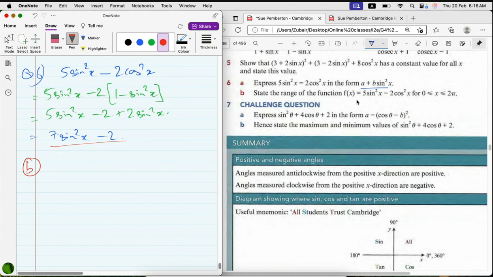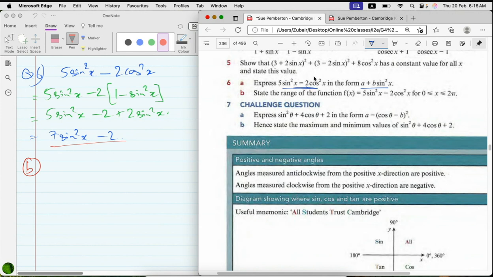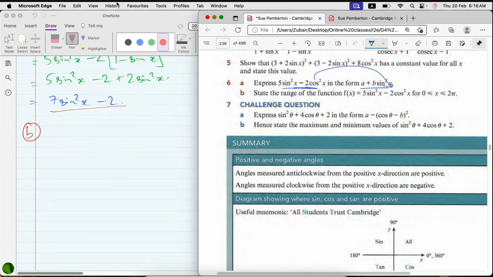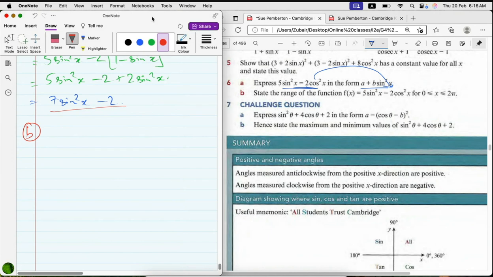B part. State the range of the function. Now, do you remember these sketches? This is the exact same question. So it could be written as we've already done. So what would be the range of the function?